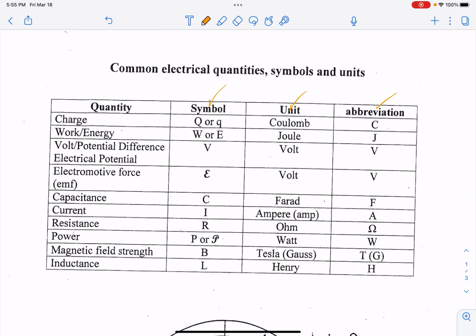Some of these we have yet to get to. We haven't talked about magnetic field strength yet, or inductance, for example. We've talked about all of the others.